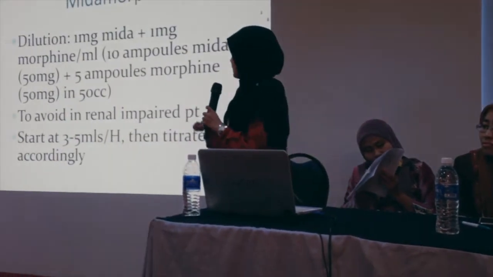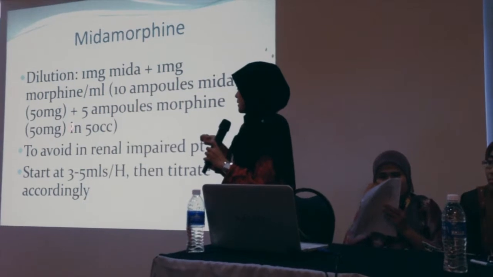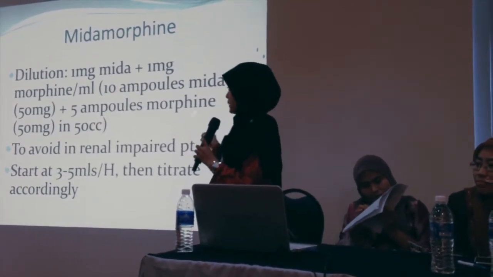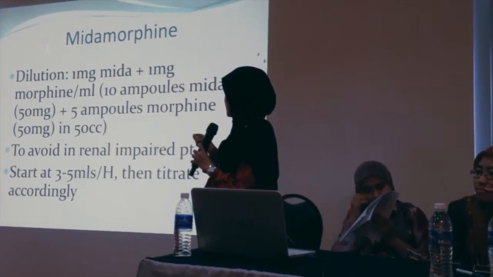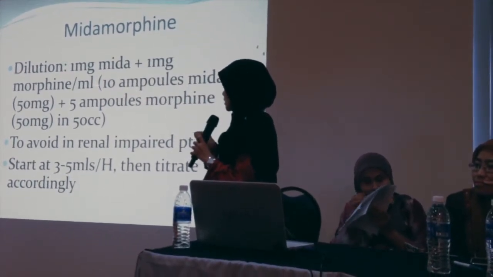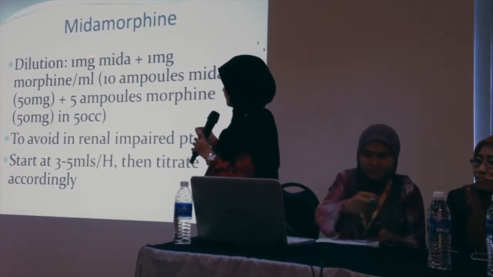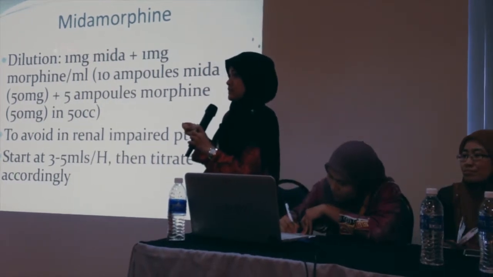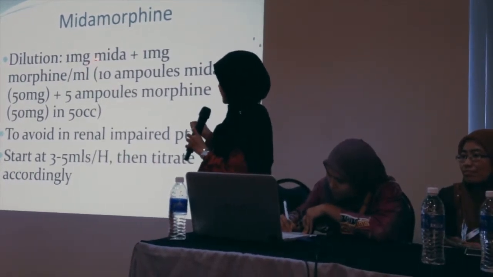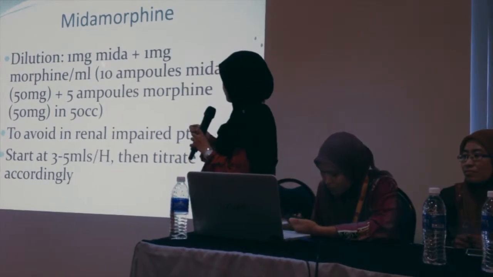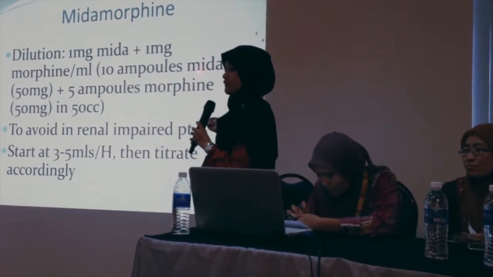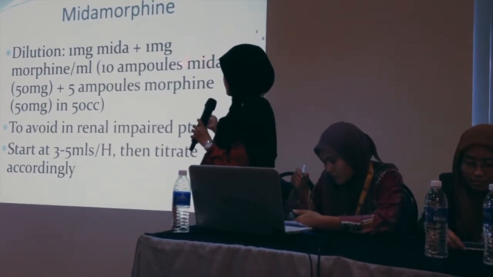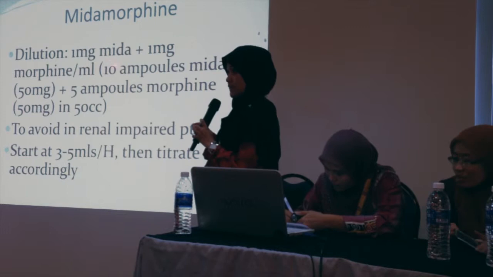Okay, midamorphine. Midamorphine is basically midazolam plus morphine to make a midamorphine infusion. The dilution should come to 1 mg midazolam plus 1 mg morphine per ml. You get this with 10 ampules of mida, using the 5 mg per ml, so 5 mg midazolam times 10 is 50, correct?